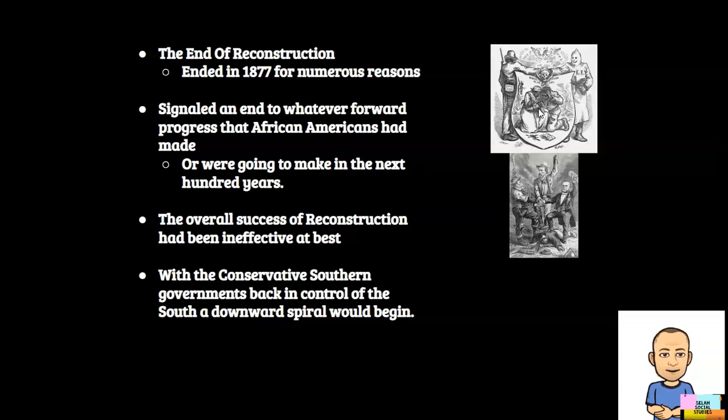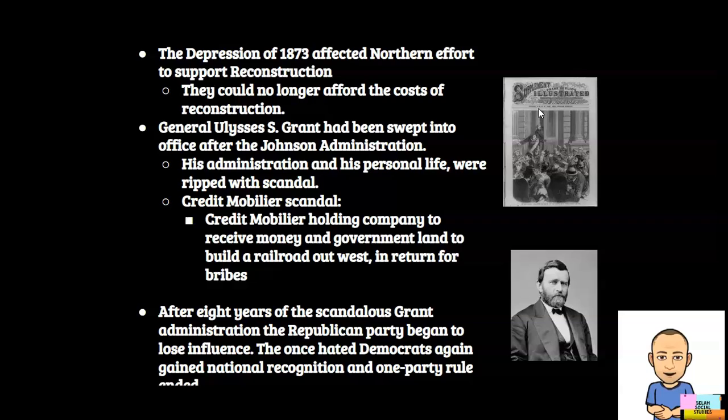Now remember, Reconstruction had some successes. However, Reconstruction as a whole was pretty much ineffective at best. With this great betrayal placing conservative governments back in place in the South, this whole downward spiral of Jim Crow segregation is going to begin.